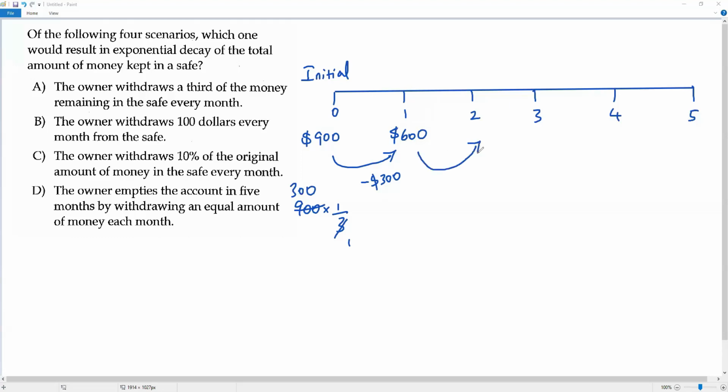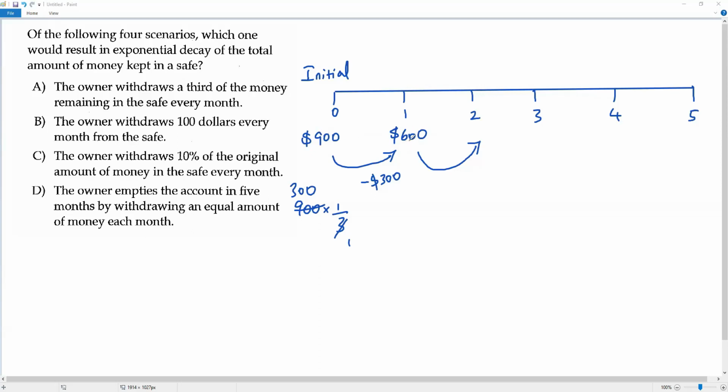At the end of the second month, what is he doing? Again, he withdraws a third of the money remaining in the safe. At the end of the first month, $600 is remaining in his safe, and from this $600 he withdraws 1/3. Please understand, he does not withdraw 1/3 of the initial money. He withdraws 1/3 of the money remaining in the safe.